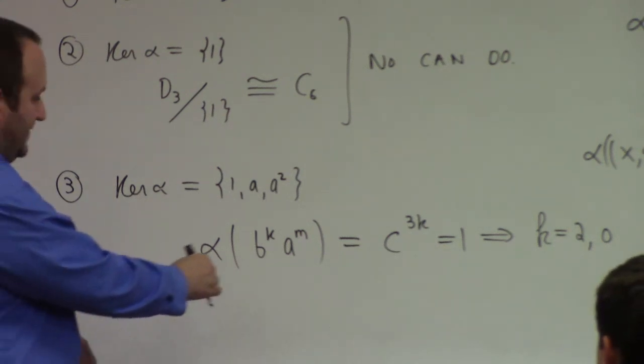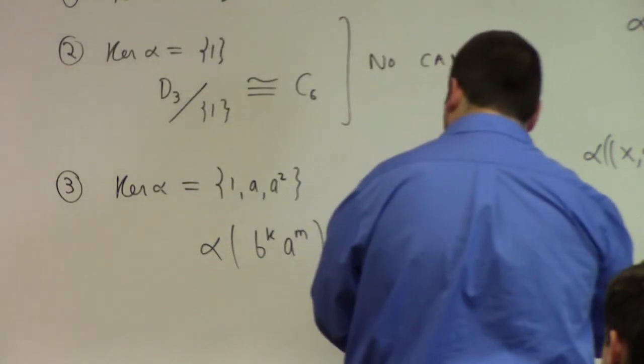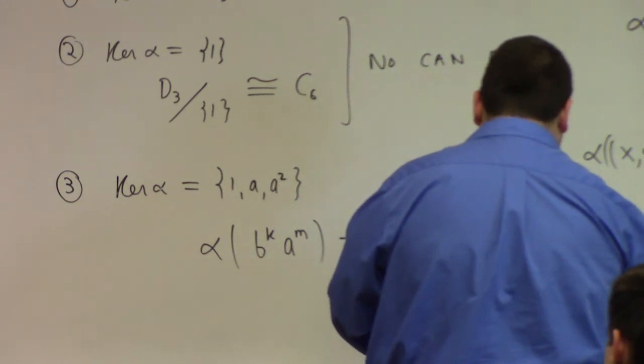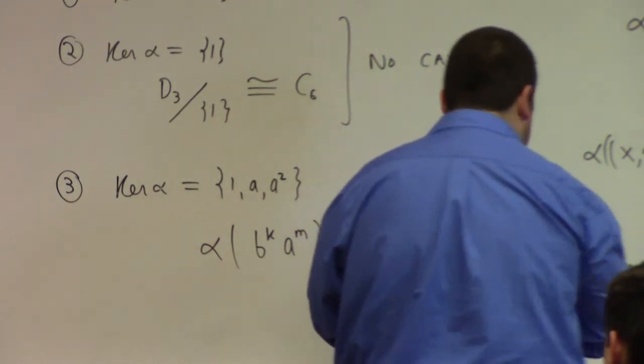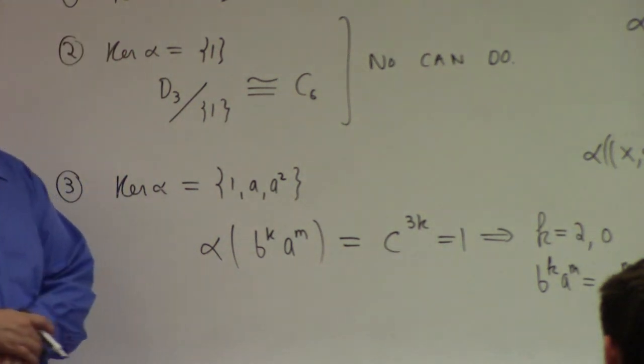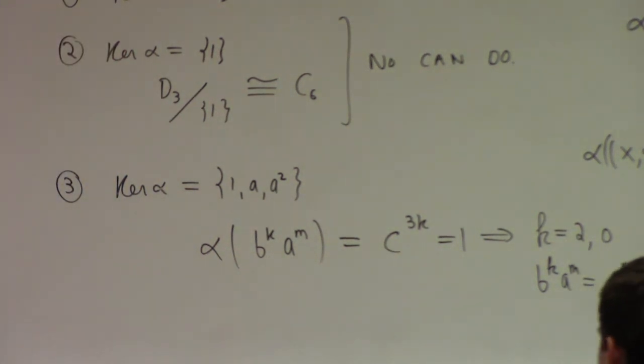So in either case, that means that b to the k a to the m is just equal to a to the m, right? Which is to say that m is free and all possible powers of a are in the kernel, which is exactly what we want. 1, a and a squared are in the kernel. Anyway, so there's that one.